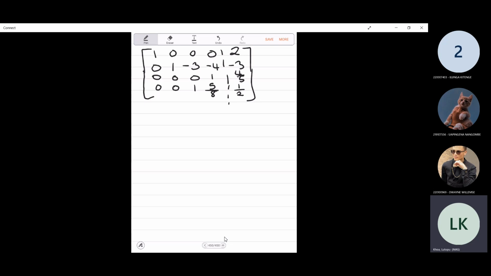Okay, so we can make this one 0, so that this is also a unique one. And to do that, we just say row 2 plus 3 times row 4.